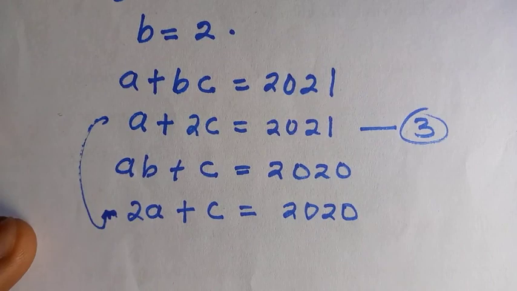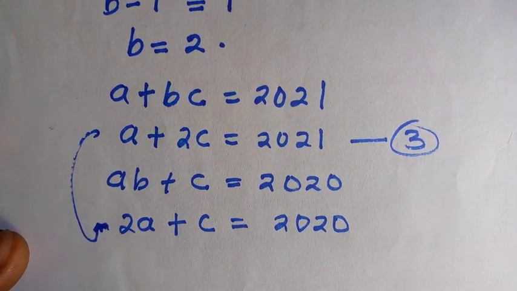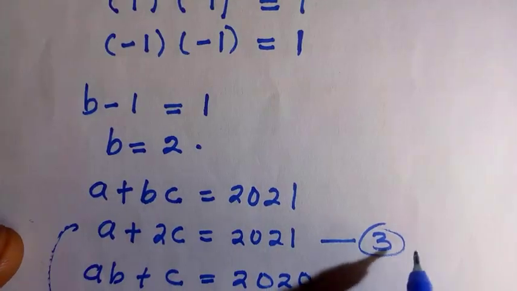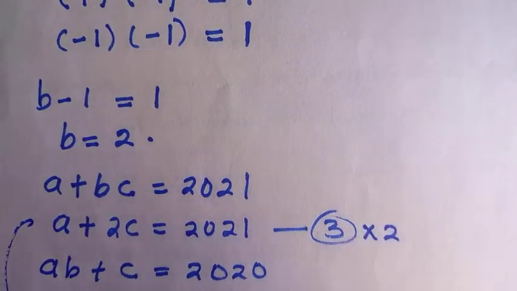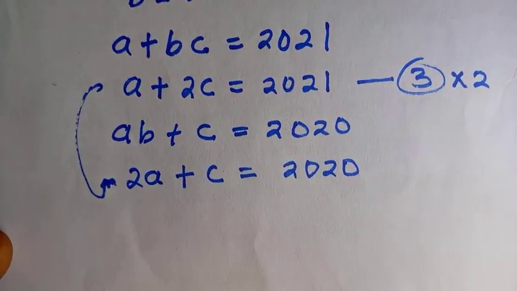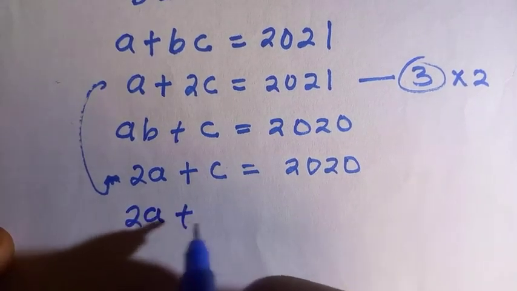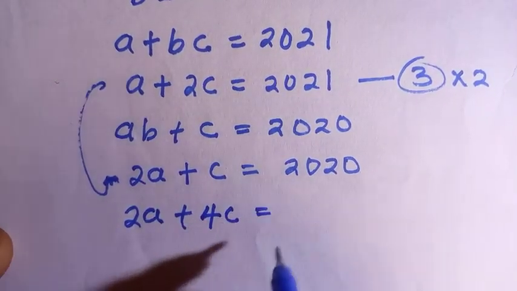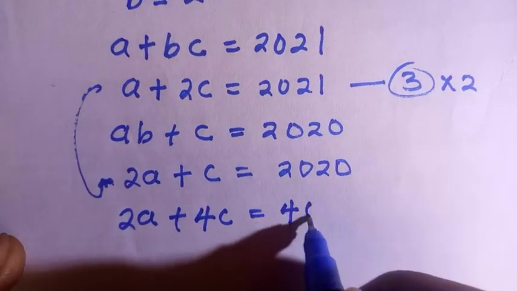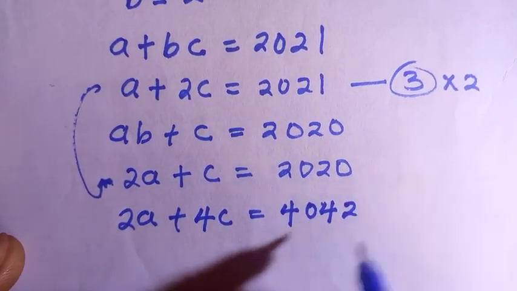Then we can now combine these two equations together. What I'm going to do is the elimination method. If I multiply equation 4 by 2, so for a to cancel and get c, then we have 2a plus 4c equals 4042.